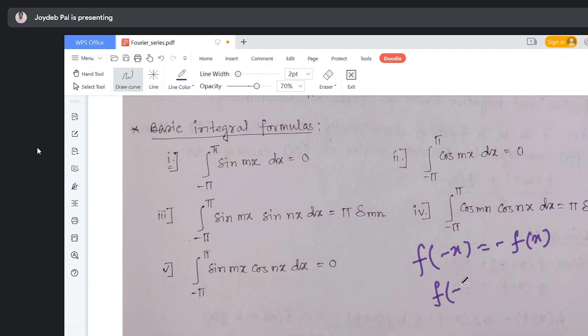And if f of minus x equals fx, then even. And there are some properties related to integration for even and odd.